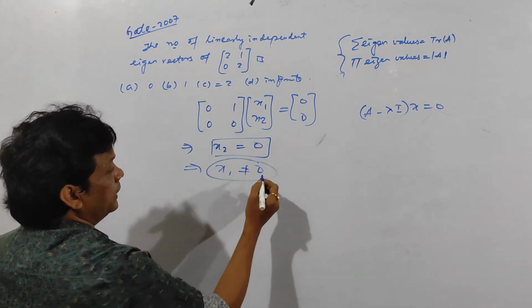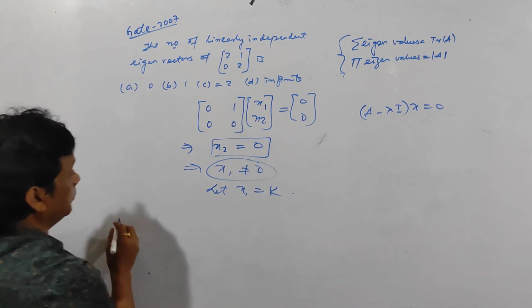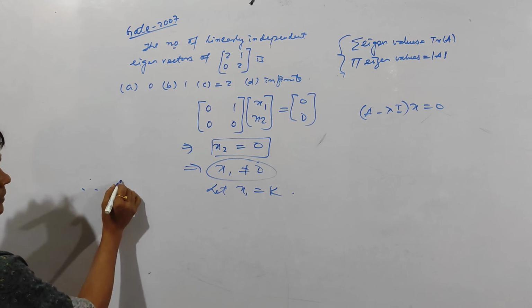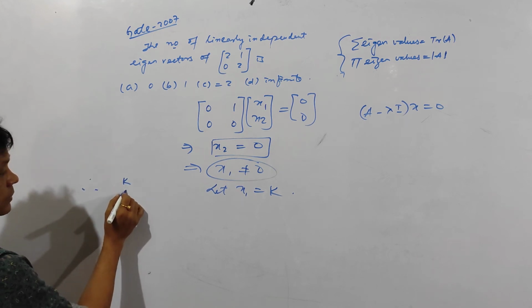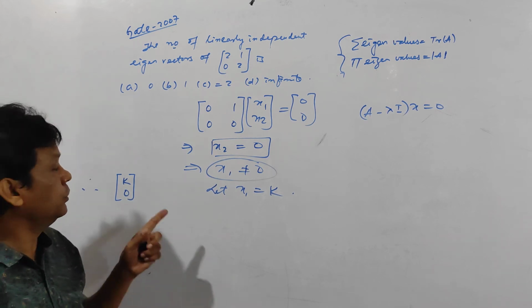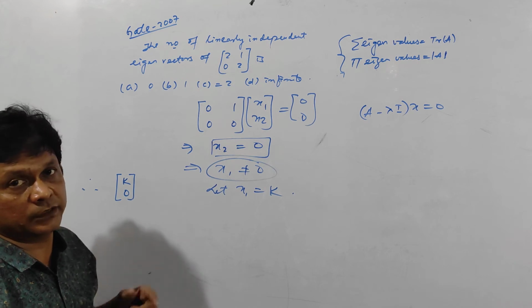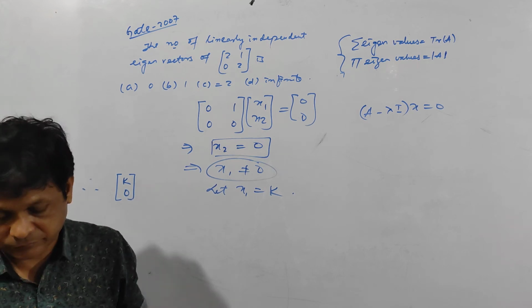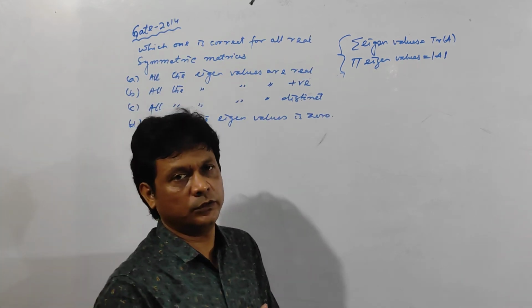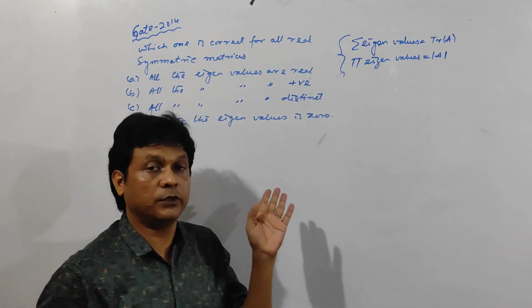Clear? So let x1 be equal to k. That means the eigenvector is x1, x2, that means k, 0. What is k? k is a non-zero real number. Non-zero real number means it will have how many cases? Infinite.